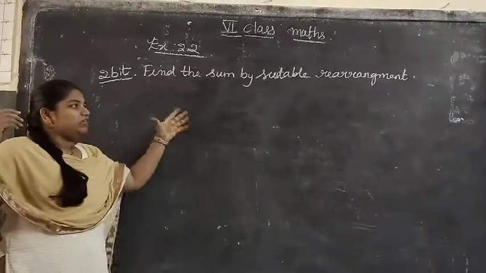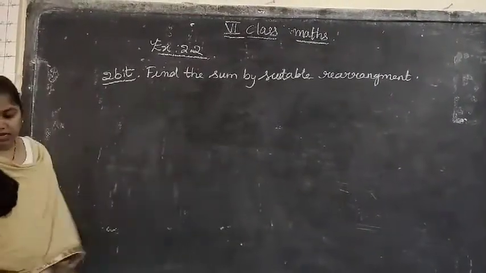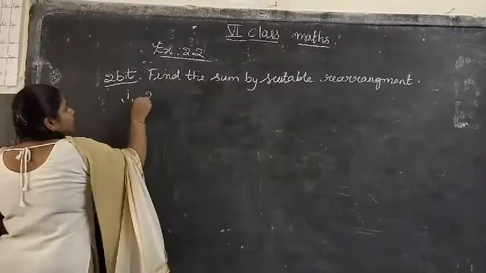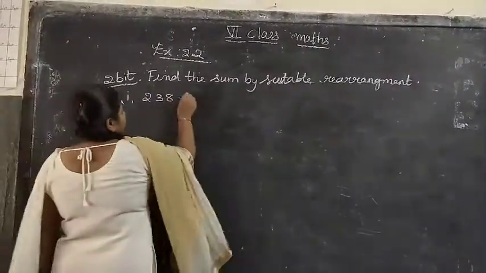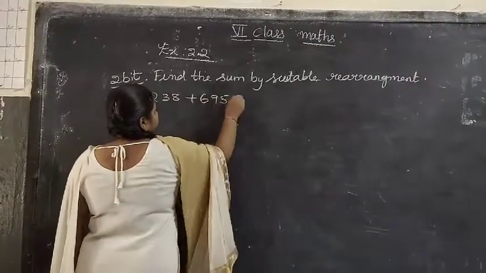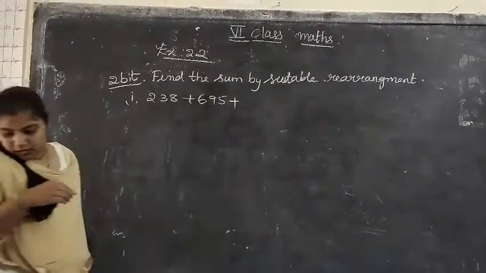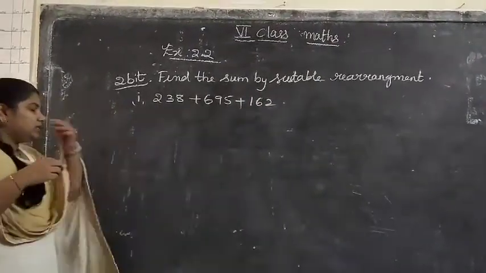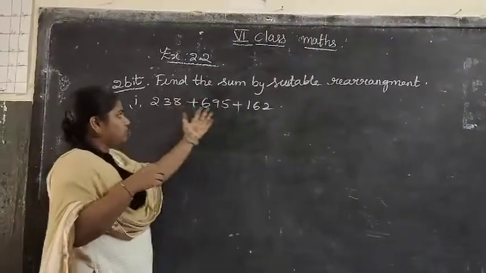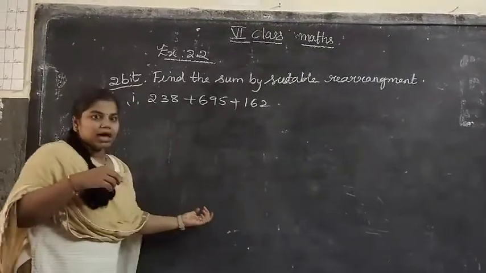By rearranging the values, we have to find the sum. So the first one is 238 plus 695 plus 162. These whole numbers they have given. If you add these whole numbers, you will get one answer.